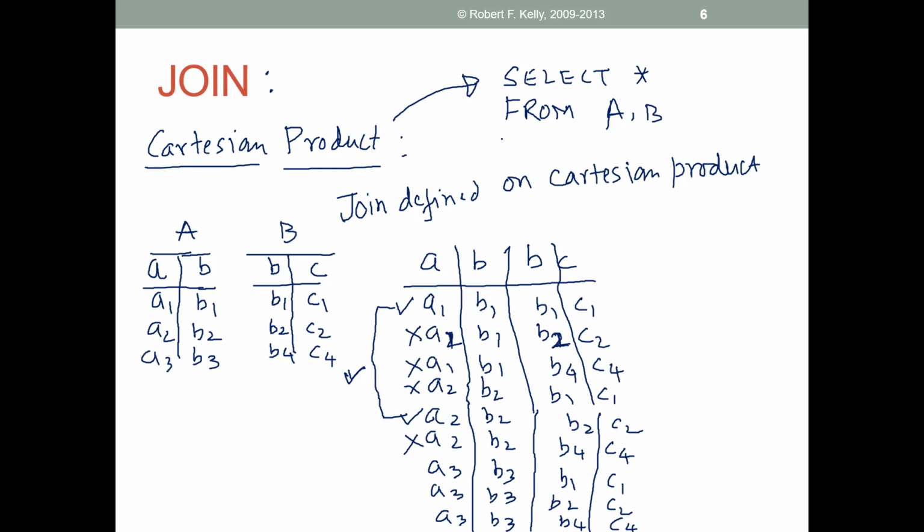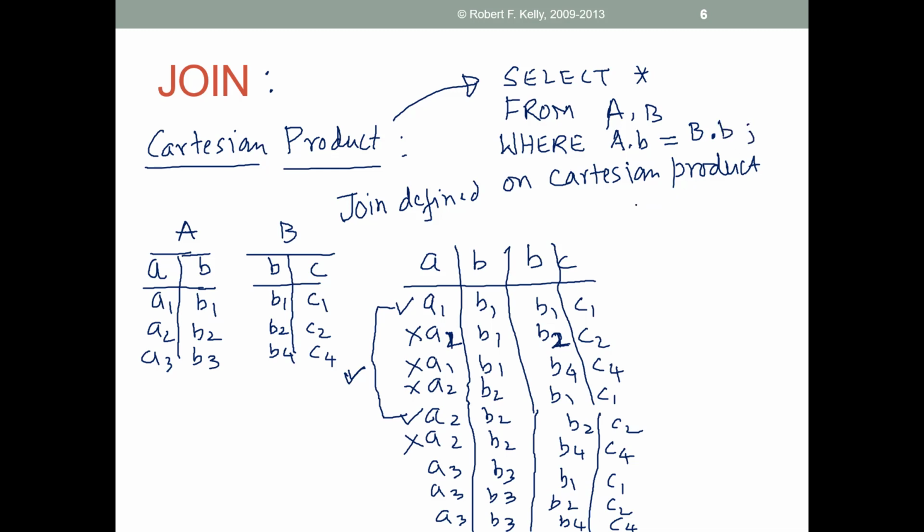We will use the clause that we already know, which involves restriction. We will use where: select star from A and B where A.b is equal to B.b.